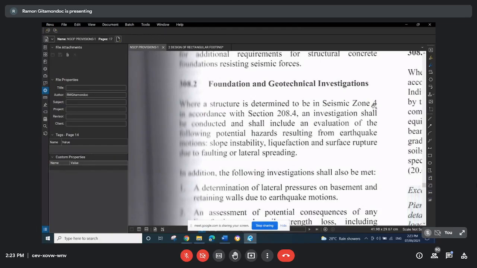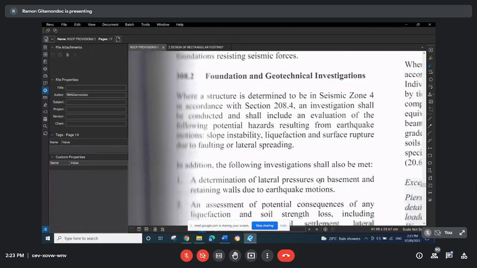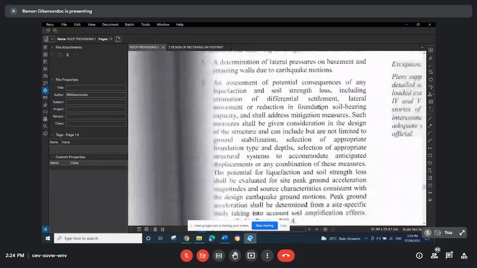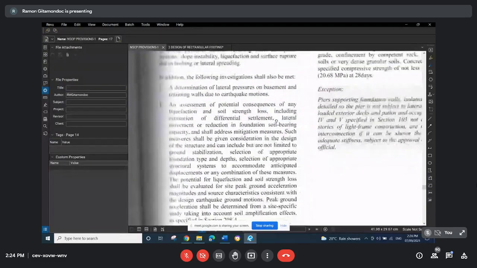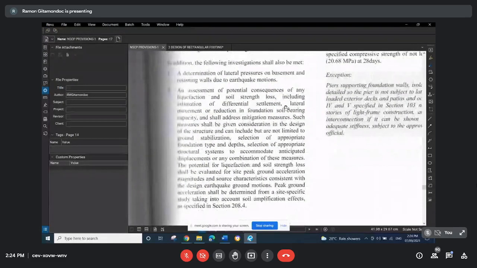So seismic zone 4 investigation shall be conducted and shall include an evaluation of the following potential hazards resulting from earthquake motions: slope stability, liquefaction and surface rupture due to faulting or lateral spreading. So these are some of the things that we need to consider, no?